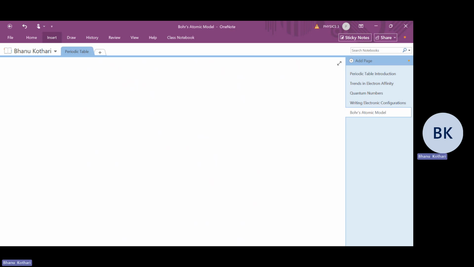So I'm listing the energies of the first 5 orbits. For the hydrogen atom, the energy of the first orbit is minus 13.6 electron volts. Okay. The energy of the second orbit will be what? It will be minus 13.6 into, for hydrogen, Z is equal to 1, so 1 square divided by 2 square.